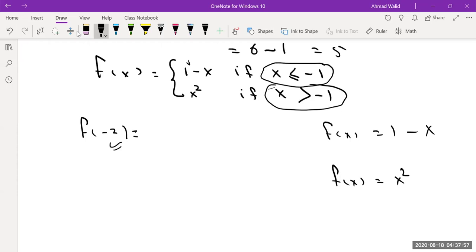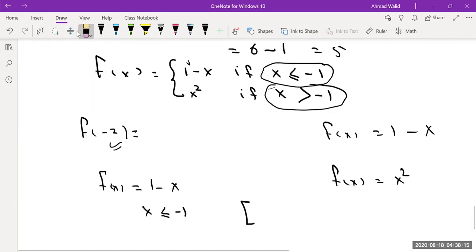Look at the first function, which is f of x equals 1 minus x. The domain is x less than or equal to -1. It means that my domain starts from -infinity to -1.